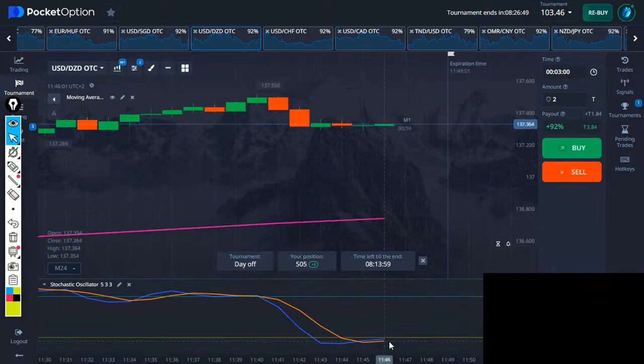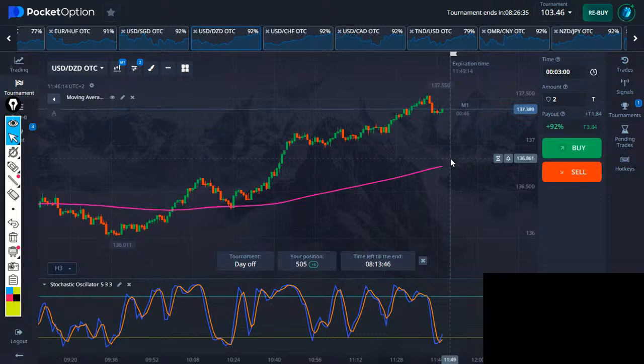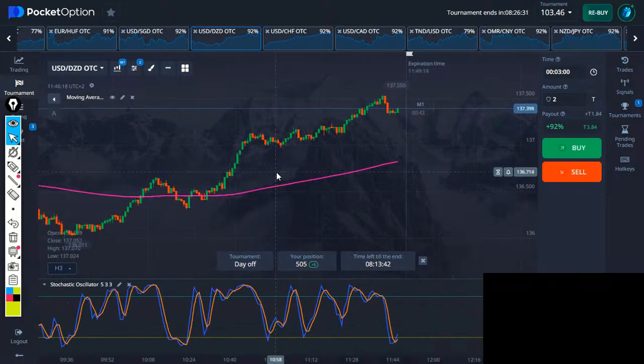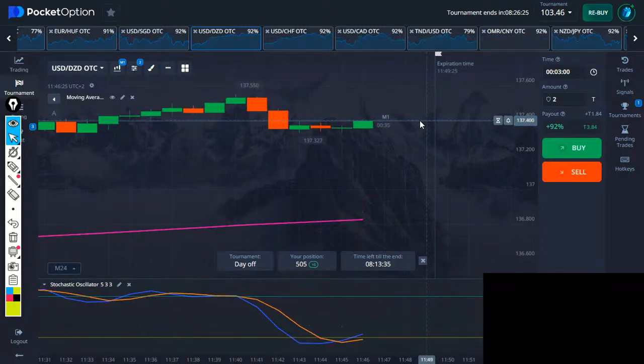See? Too tight. And now, if this bullish candle closes strongly in green, we will take the trade to the upside. See? Powerful momentum. The pair is making higher highs and higher lows. So we have all the confirmations in place.